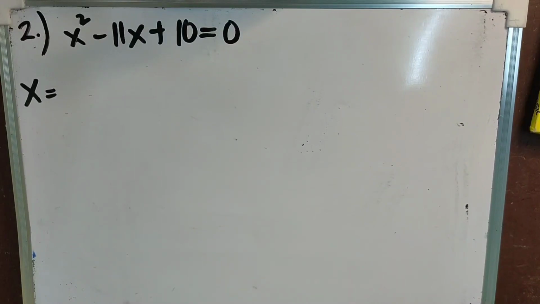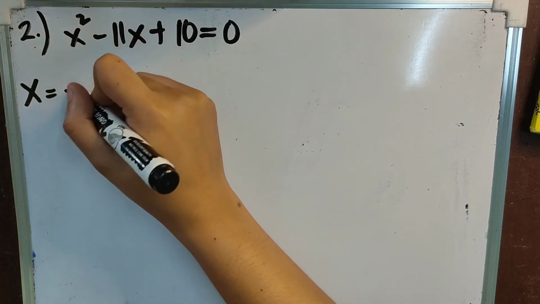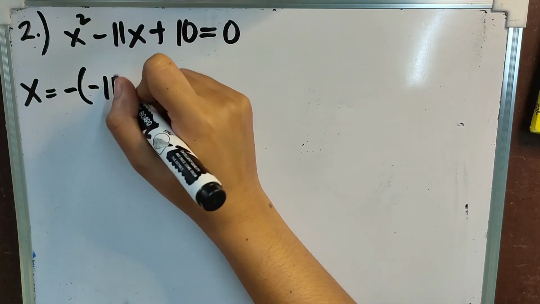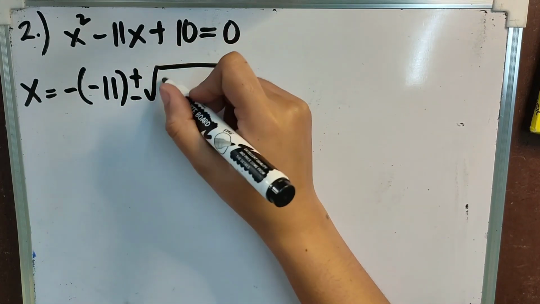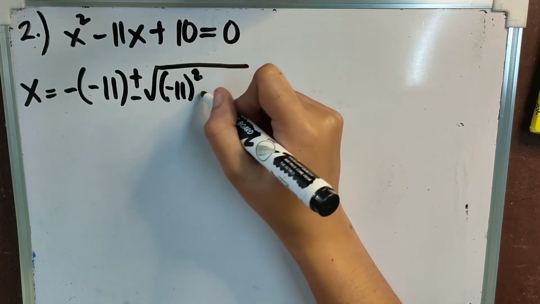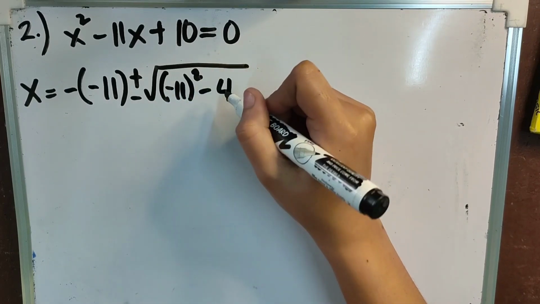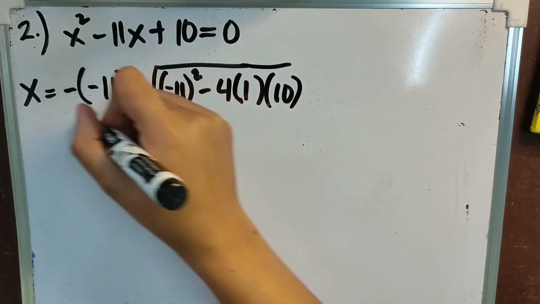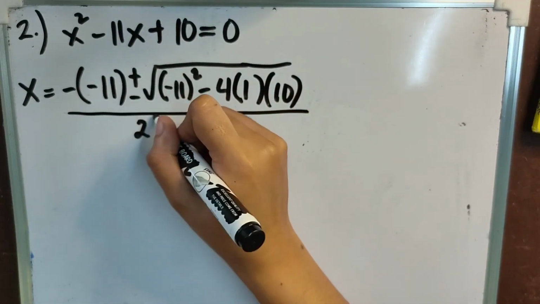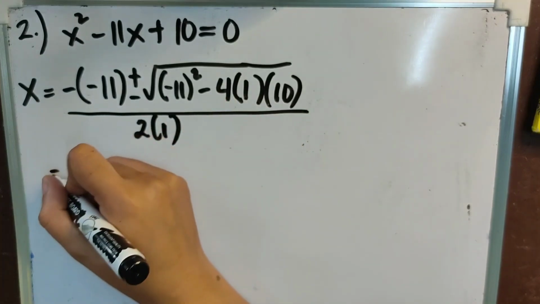Example number 2. Using the quadratic formula: x squared minus 11x plus 10 equals 0. Your negative b here is negative times negative 11 plus minus square root of negative 11 squared minus 4 times 1 times 10 over 2 times 1.